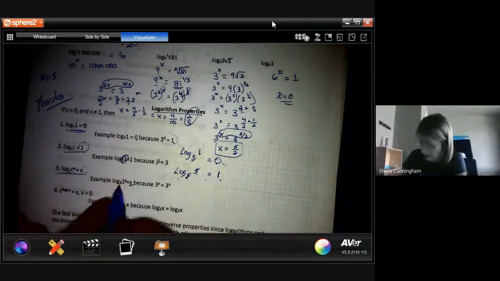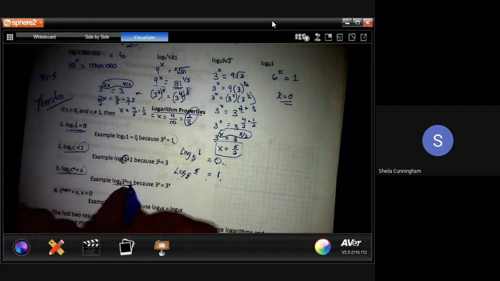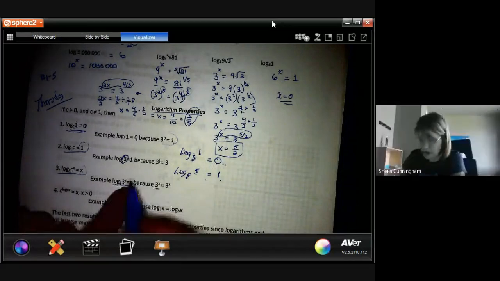The reason for that is, think about it this way. If I plug this into exponential form, I would be saying my base of 3 to the power of x, that's this side, is equal to my resulting number, which is actually the same, 3 to the power of x. So our bases are identical, which means our exponents are identical, right?